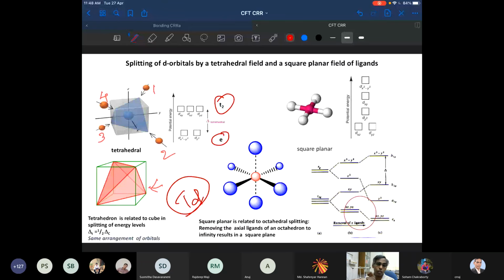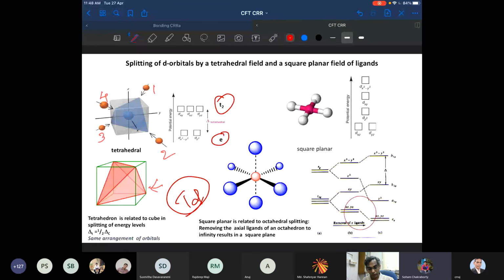As a result, your crystal field d orbital splitting pattern should change. Am I right? I hope you're getting it. Basically, I had 6 ligands coming through all these faces. Now I don't have a ligand on this face and this face. As a result, there must be a change in the crystal field splitting pattern of the d orbital.